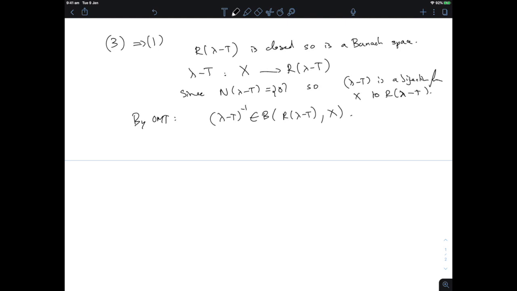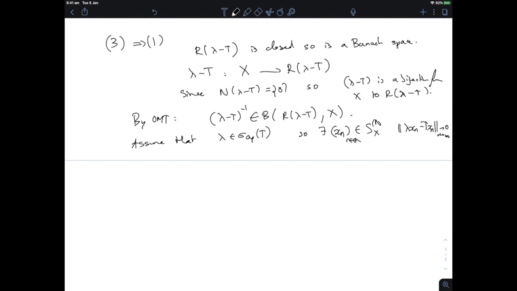Okay, now assume by contradiction that lambda is in the approximate point spectrum of t, and so there exists a sequence xn in the unit sphere of x such that lambda xn minus txn goes to 0. Right. Now that sequence lambda xn minus txn is certainly in the range.